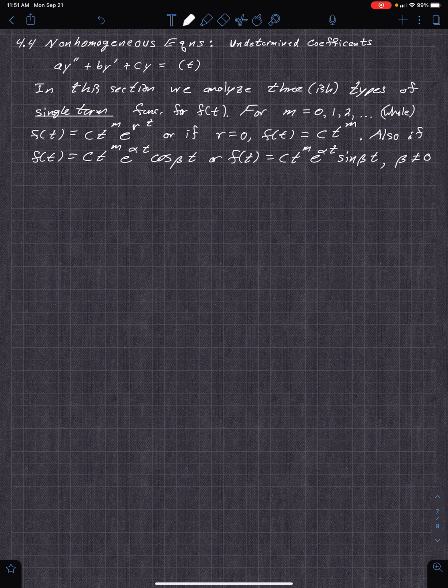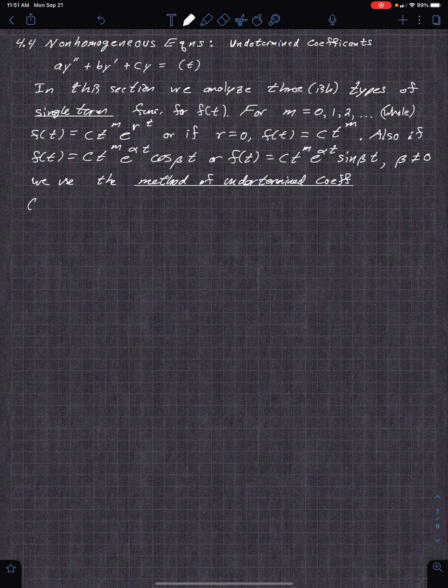Okay, so we use the method, this is what it's called, of undetermined coefficients. The method of undetermined coefficients is this concept.